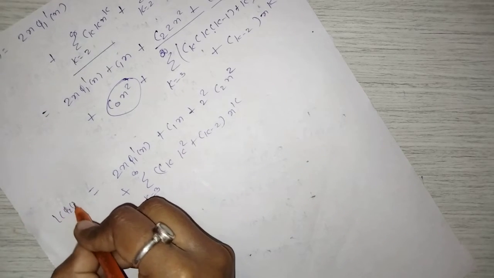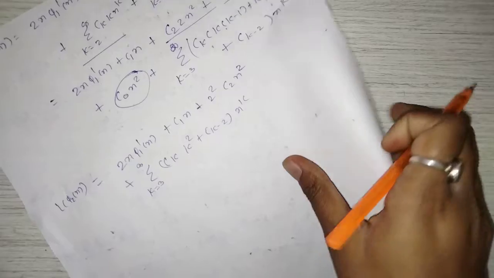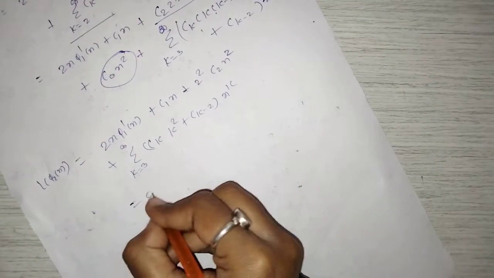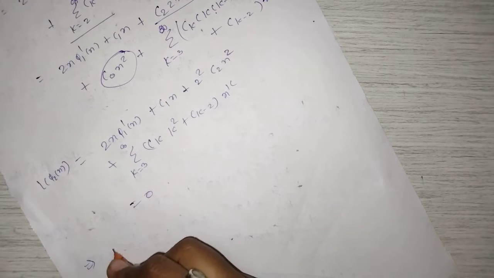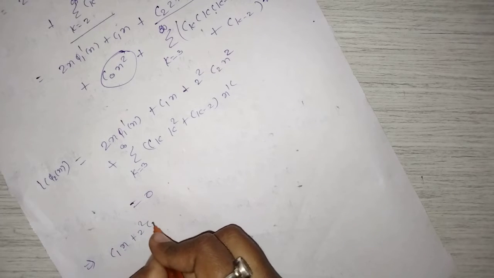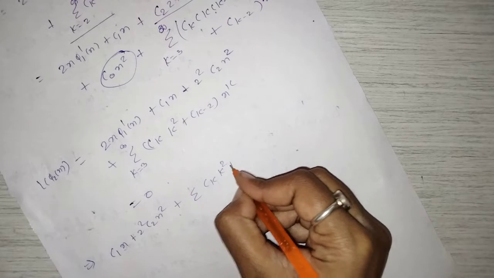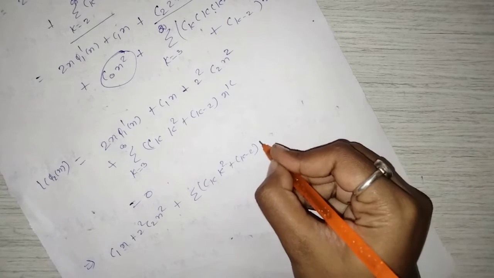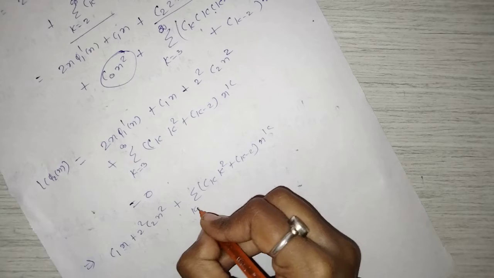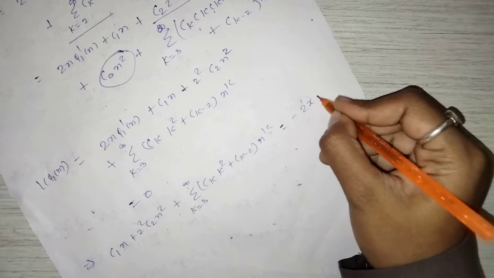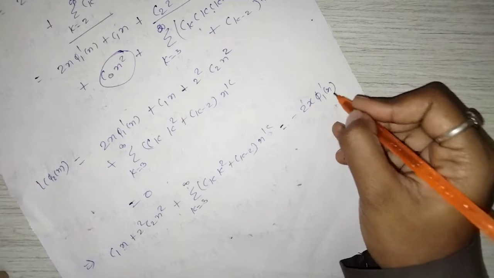Now L of phi 2 of x. Phi 2 of x is the solution, so L of phi 2 of x equal to 0, which implies c1x plus 2 square c2x square plus summation ck square plus ck minus 2 x raised to k start from 3 to infinity equal to minus 2x phi 1 dash of x.